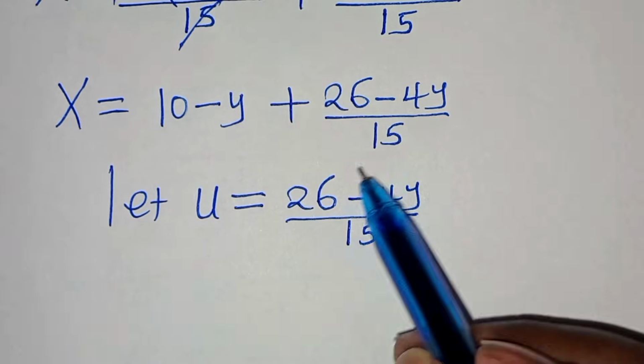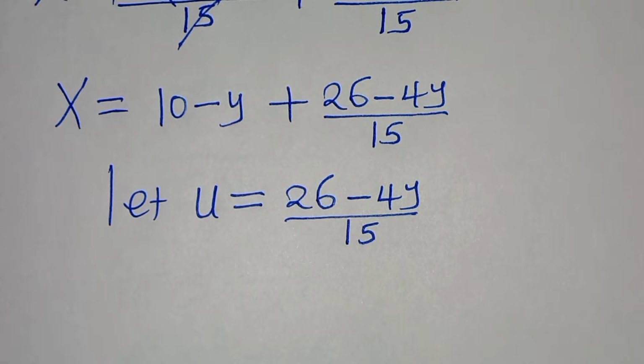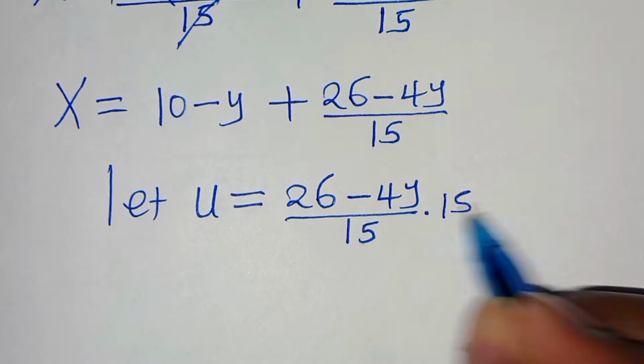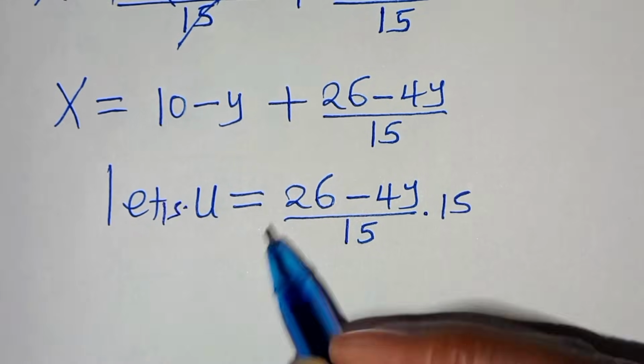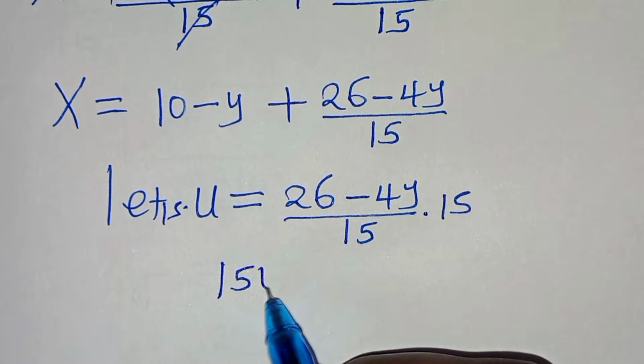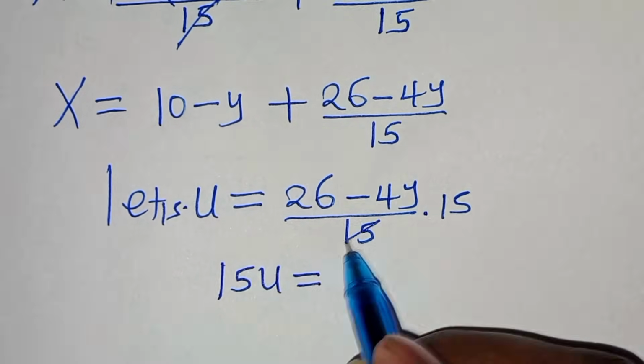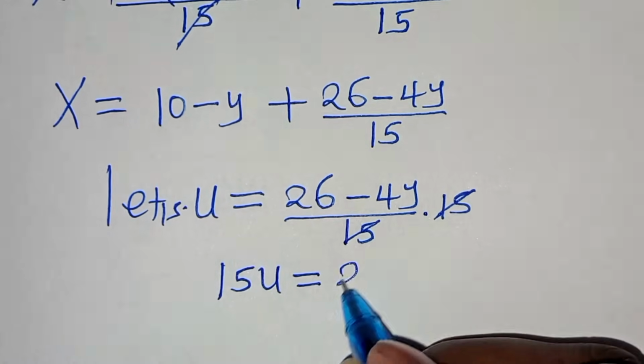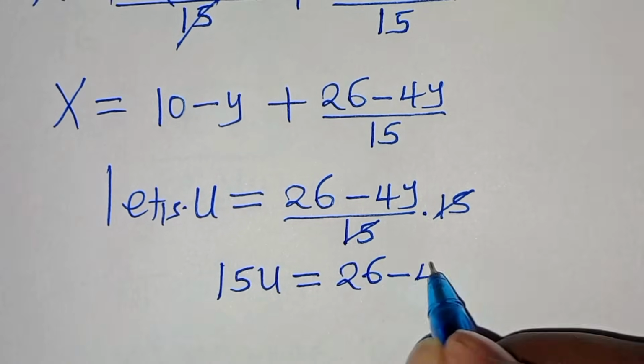Now, this means that from here, we can multiply both sides by 15 so that we have 15u. This is equal to 15 and 15 simplifies, so we have 26 minus 4y.